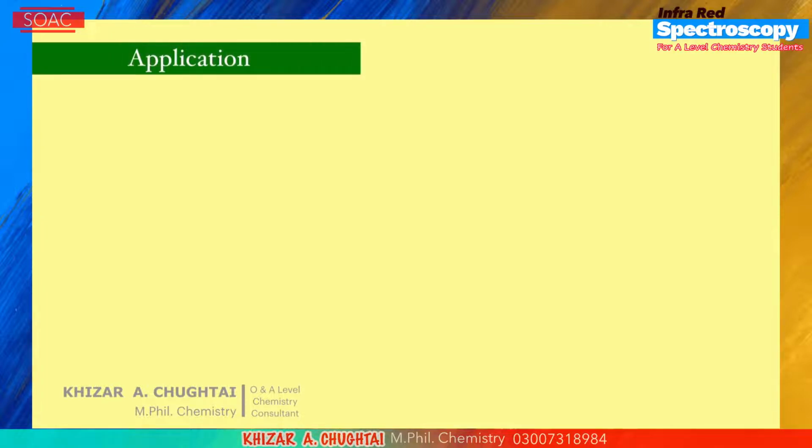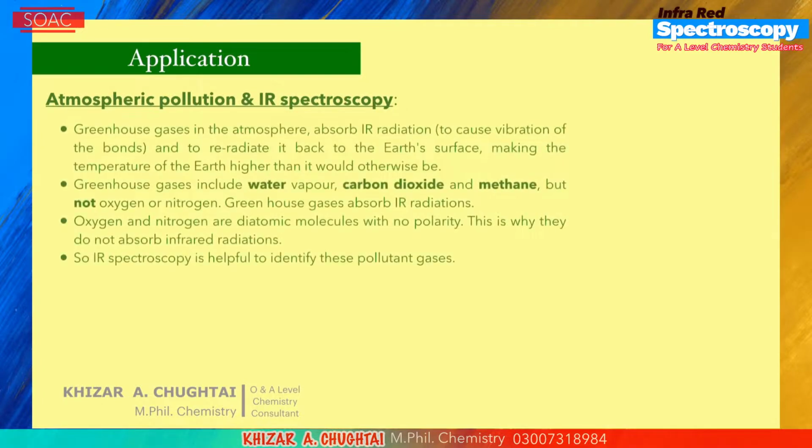The next one is the general application of these radiations as far as atmospheric pollution is concerned. Atmospheric pollution and IR spectroscopy have a good relationship. IR spectroscopy is very useful to diagnose greenhouse gases. Atmospheric pollutants can be diagnosed with the help of IR spectroscopy.